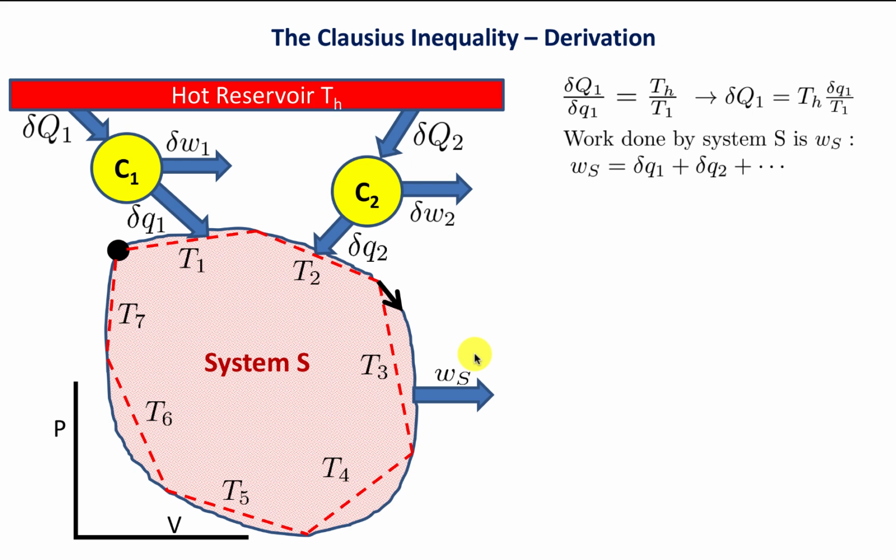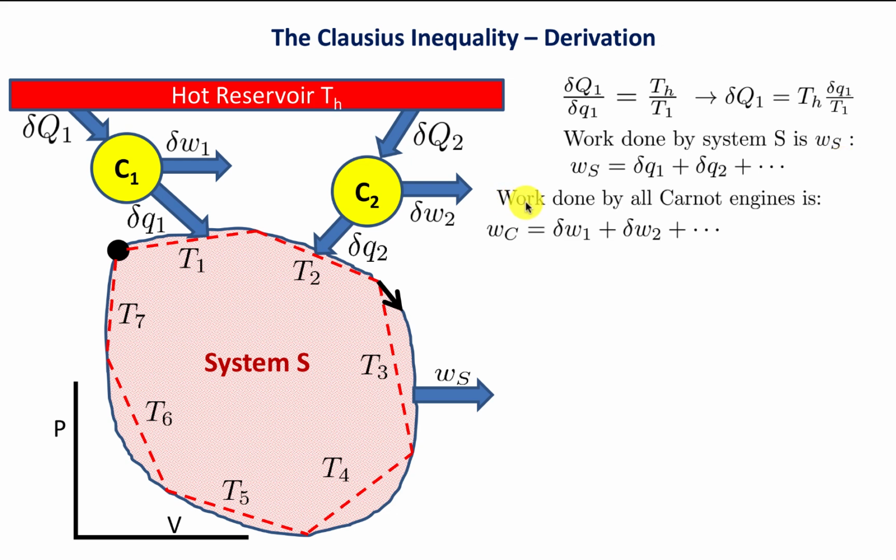That work, which is done by the system, is therefore the sum of all these small delta Qs. So Ws, denoted here, is the amount of work done by the system. And this relation is simply the conservation of energy.